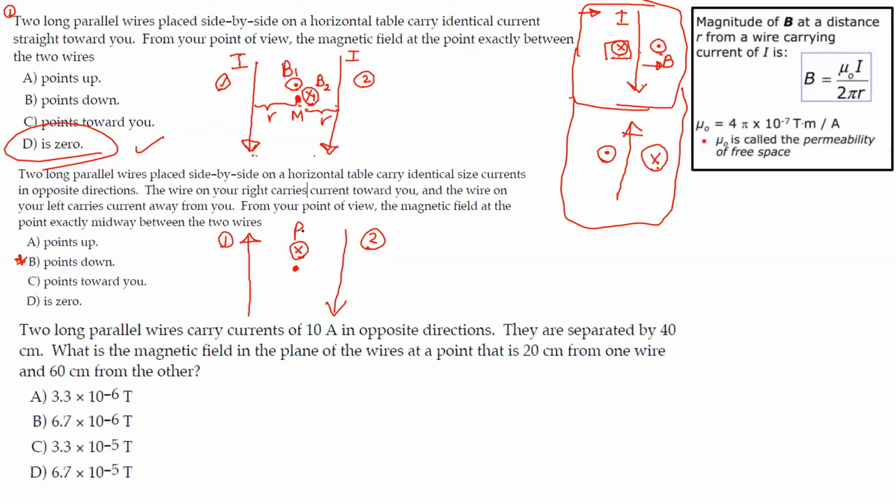So this is from the first wire. From the second wire, this point is towards your left hand side. So this is the reference diagram. Towards the left, it is also going into the plane, right?